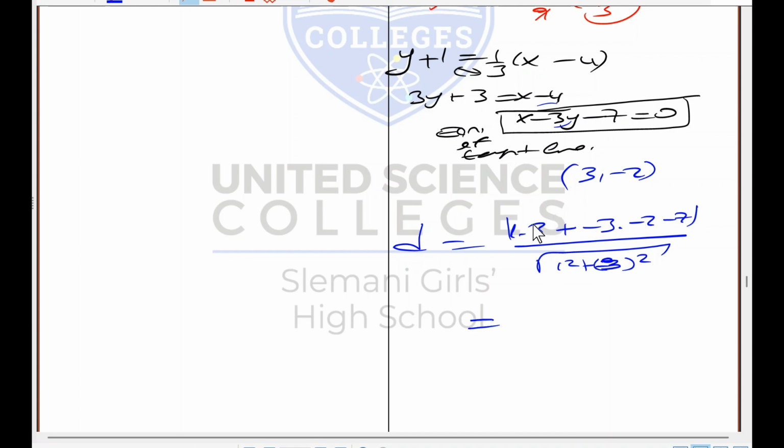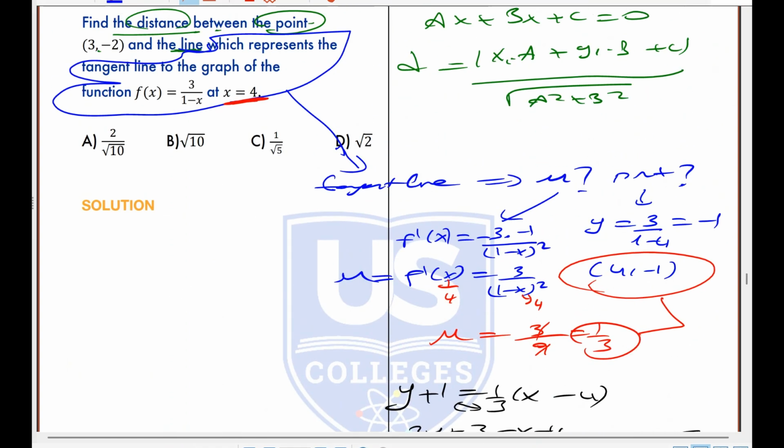Which is equal to 3 plus negative 3 times negative 2, 6, 3 plus 6 makes 9, 9 minus 7, 2 over the square root of 9 plus 1, 10. So 2 over square root of 10, which is option A.